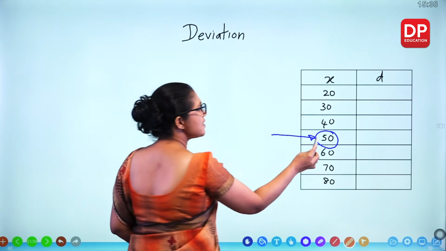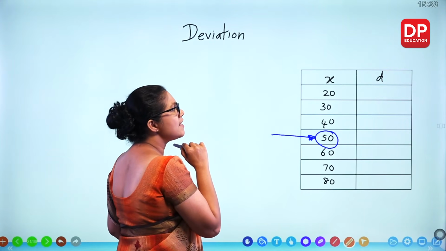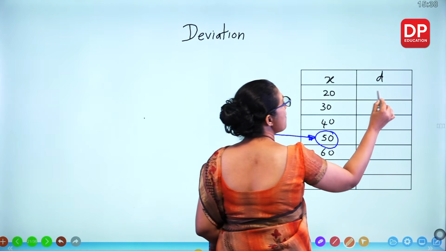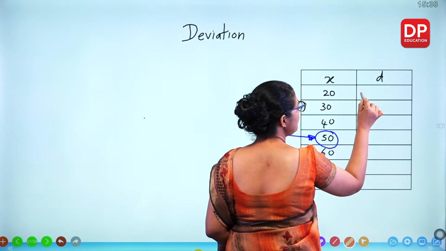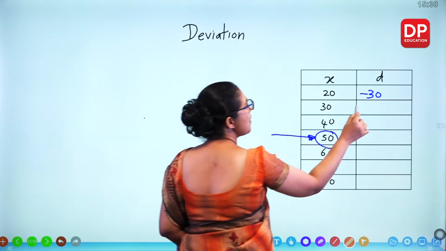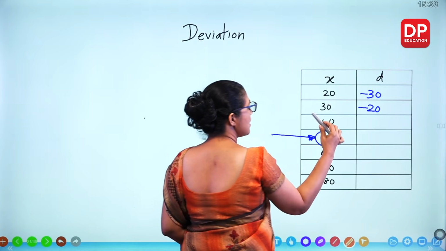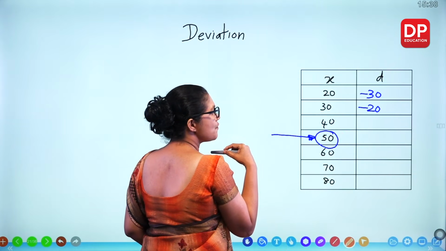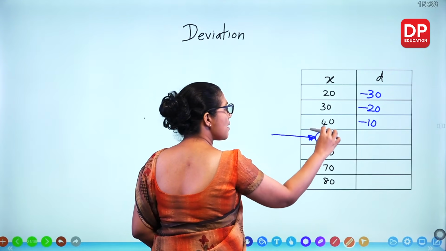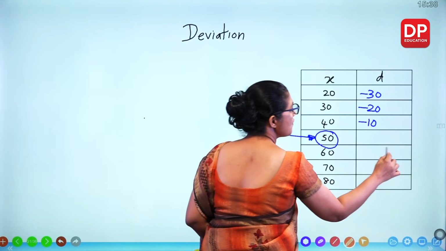Now if this is 50, calculate the deviations. 20 minus 50, minus 30. 30 minus 50, minus 20. 40 minus 50, minus 10. And 60 minus 50, you get positive 10.